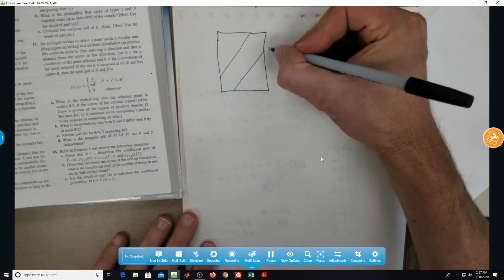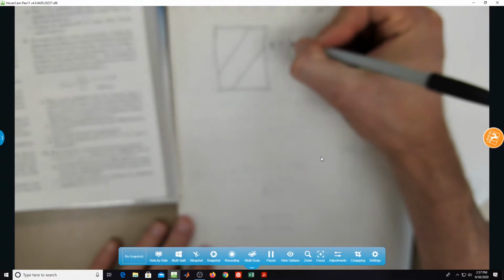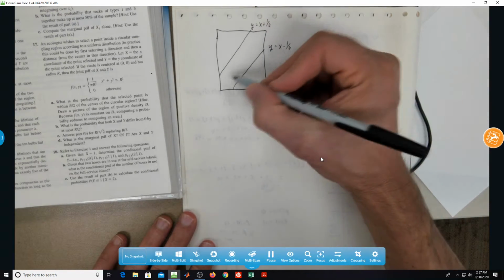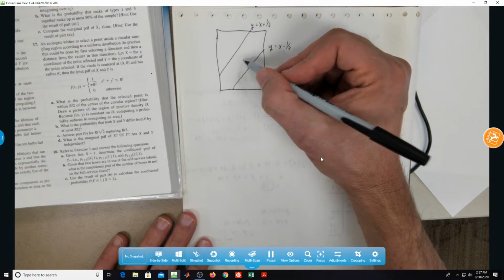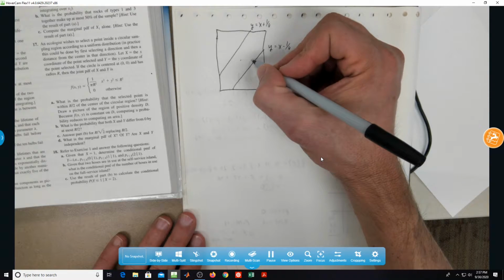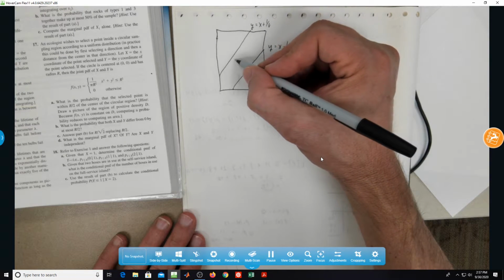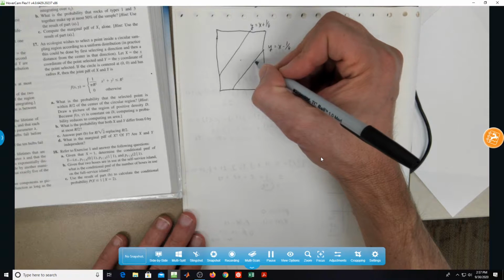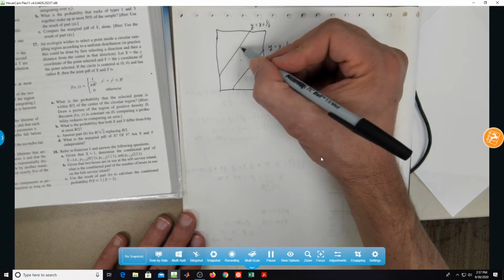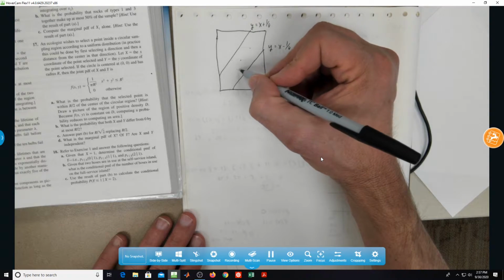So this line is y equals x minus 1/6, and this is y equals x plus 1/6. If they were in the middle, they arrived at the same time. Suppose one arrived at 5:30. Then the other person would have to arrive either at 5:20 or at 5:40. So add 10 minutes to the side. The same thing here, you add 10 minutes to both of these sides.